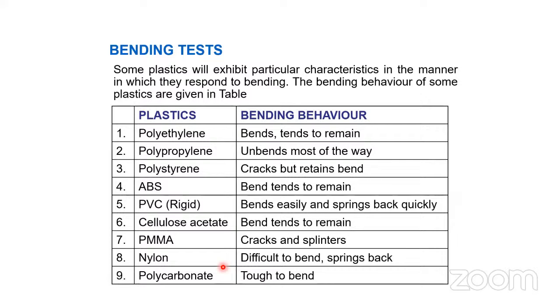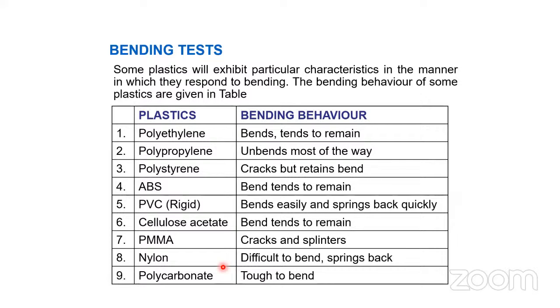Suppose you have polyethylene. If you try to bend a rod of raw polyethylene, it tends to regain its shape after some time, depending on your bending conditions. Accordingly, you can determine it.